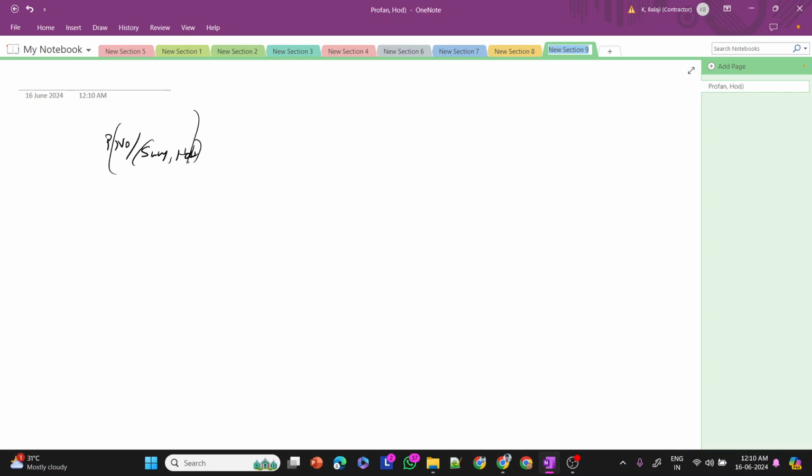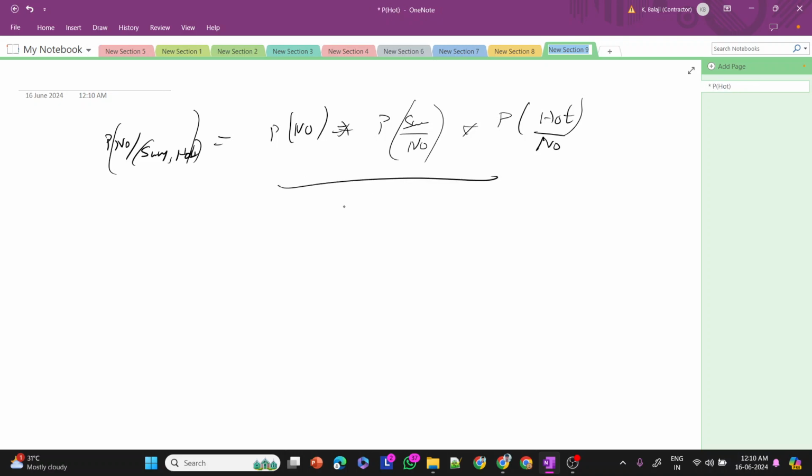The Bayes theorem for this condition is the probability of no into the probability of sunny when he does not play the game into the probability of hot when he does not play the game, divided by the probability of sunny into the probability of hot.